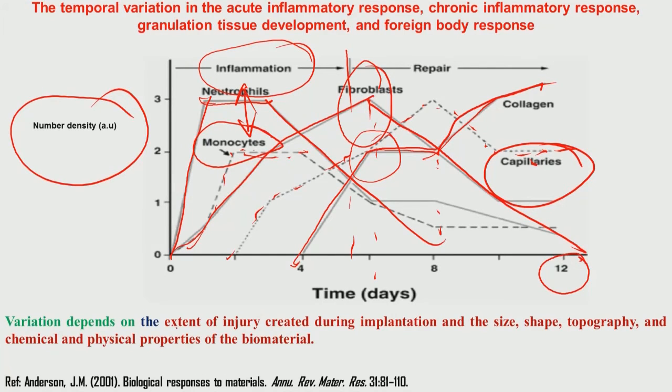So, this temporal variation of these different acute inflammatory responses and repair responses depends on the extent of injury created during implantation and the size, shape, topography, chemical and physical properties of the biomaterials.